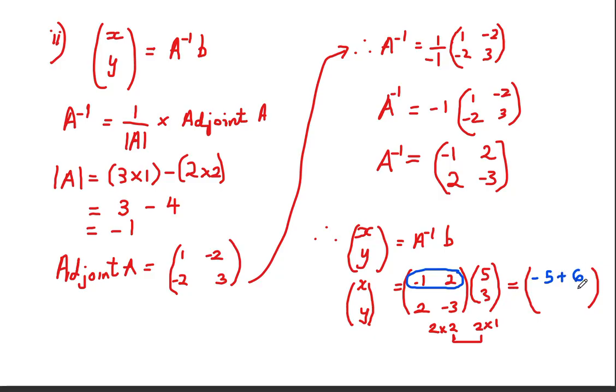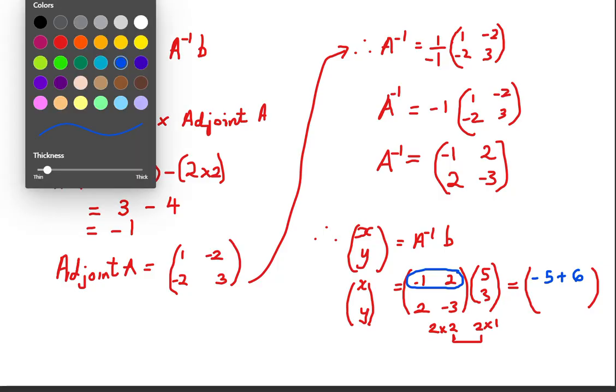And that's how we'll get that value there. So again, row by column. We're multiplying the first row in matrix A inverse by the given column vector B. So we get negative 5 plus 6.